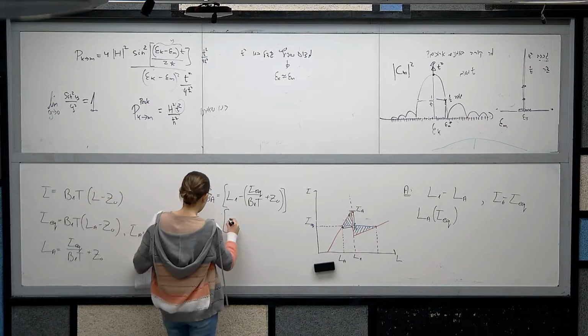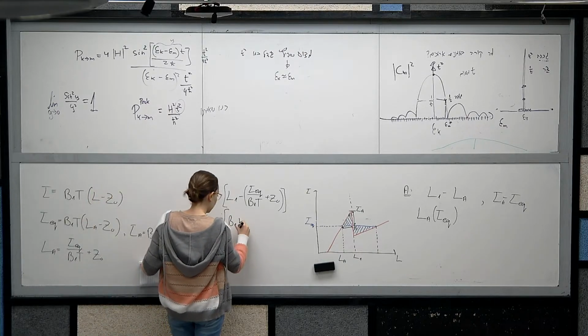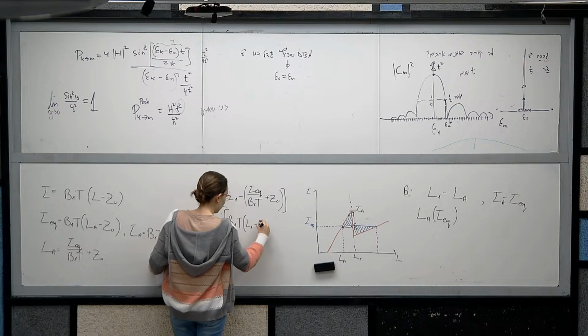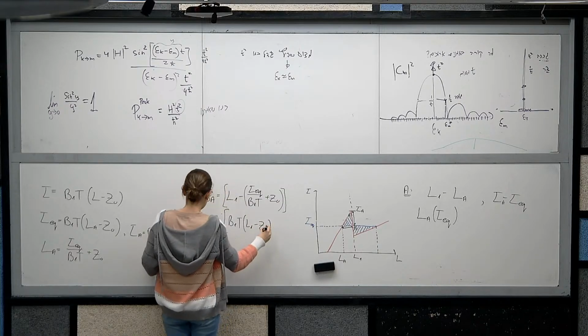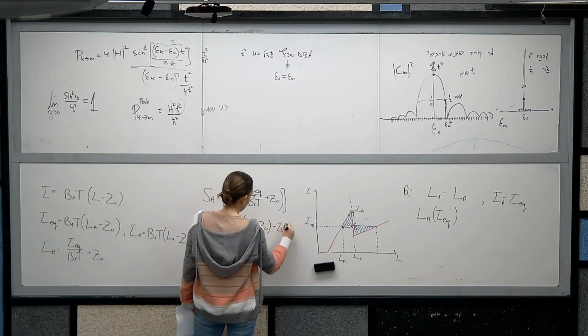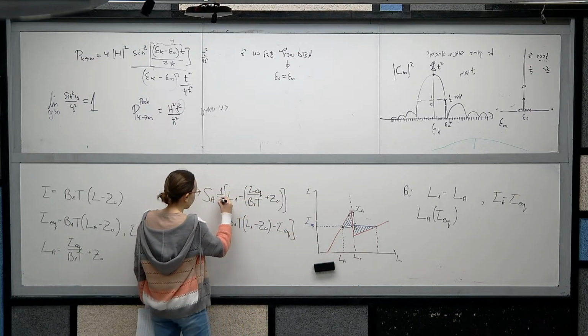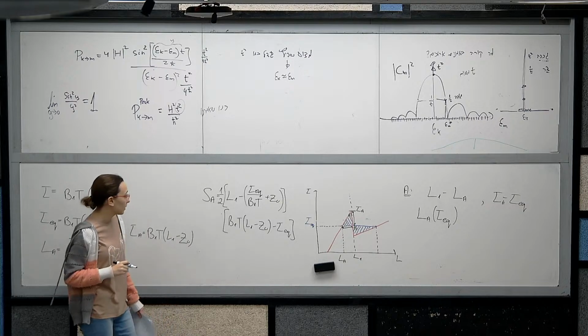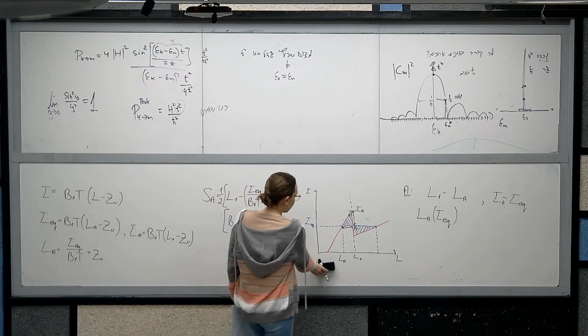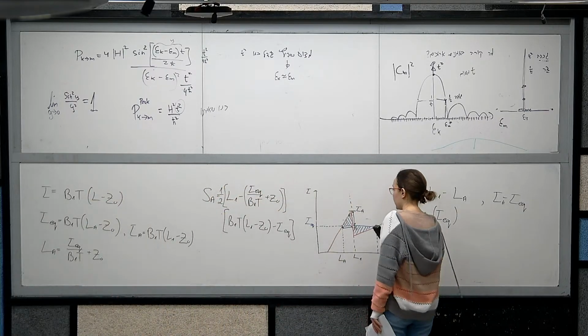So we have tau A, this size B1T (L1 minus Z0), minus tau equilibrium, and divided by 2. Right, this is the triangle in phase A.